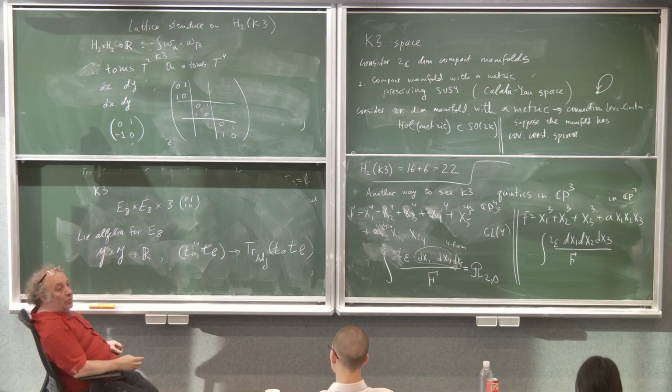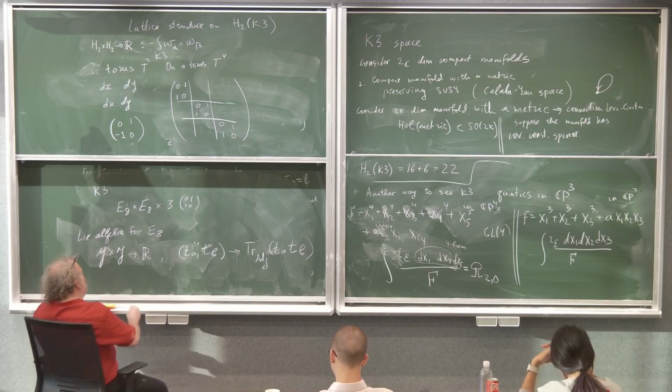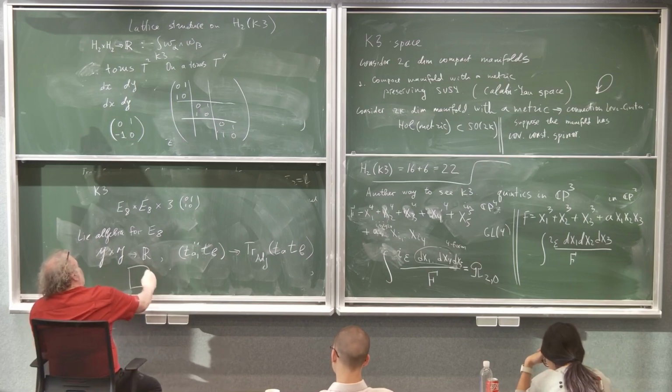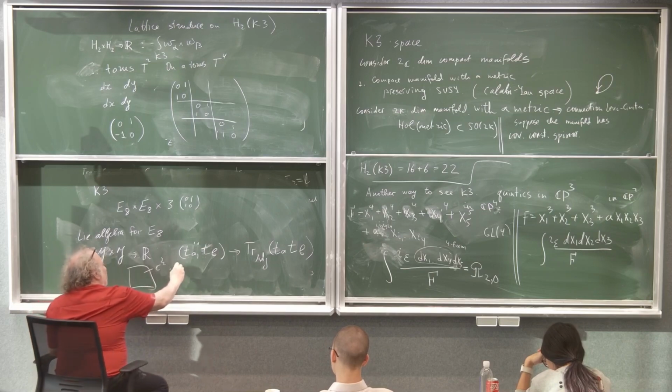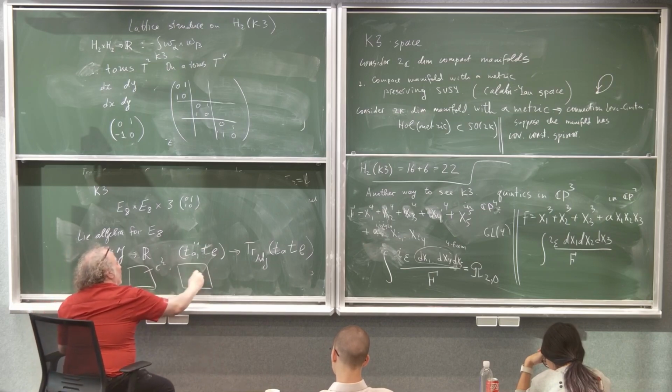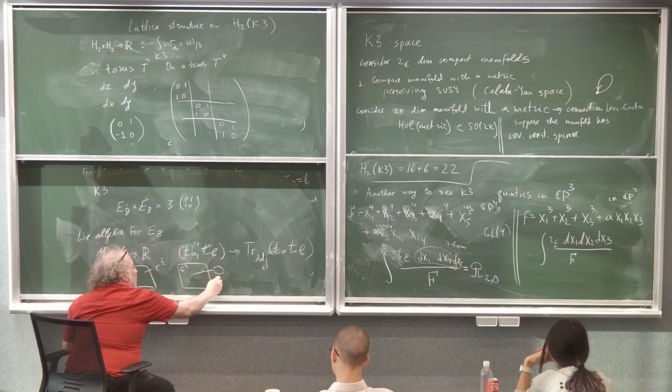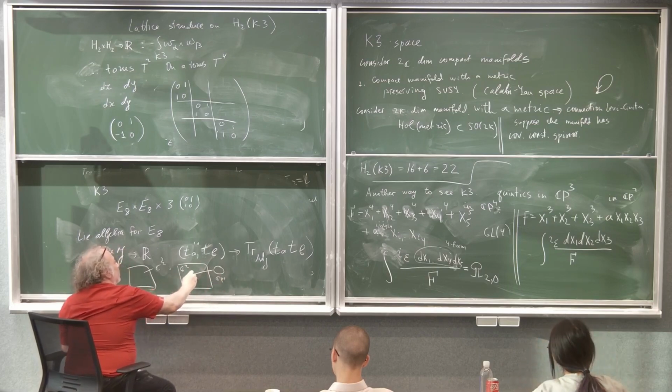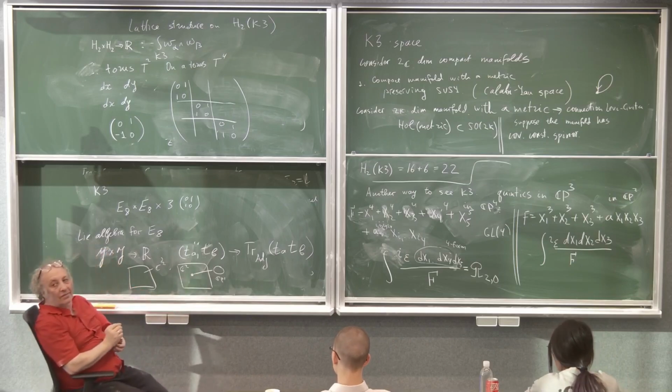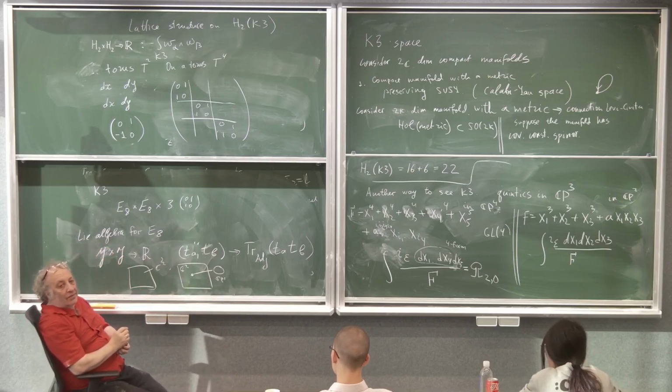So in the blow up, roughly speaking, you start with C square and you end up with C square and here is CP1 inside. So this is what happens if you just do the blow up.